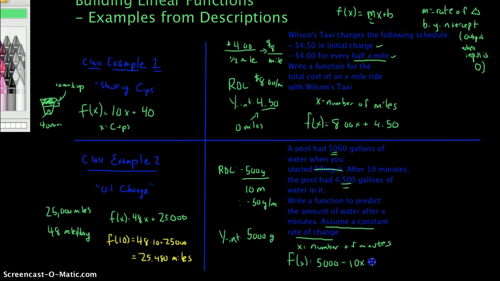Another way of writing that is minus 50 each minute plus the 5,000 that I started with. As long as I keep the 50 negative and the 5,000 positive, it's accurate. These are both the same. This looks more like our mx plus b form, but the first is probably a little more logical for you.